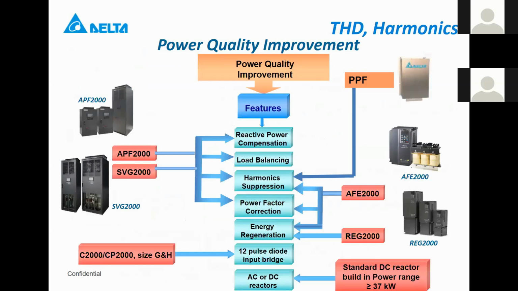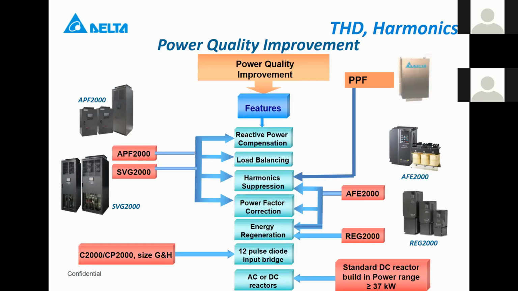It's depending, of course, what you want to do, what you want to change. You can use a type of solution, I must say. You can build in a reactor. In our frequency drive, we have a built-in DC reactor in a power range higher than 37 kilowatt.